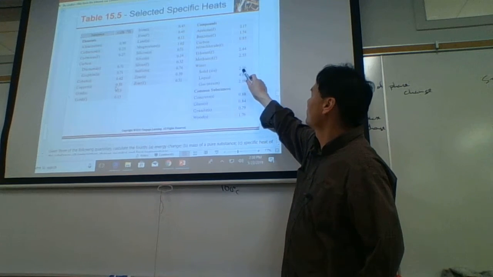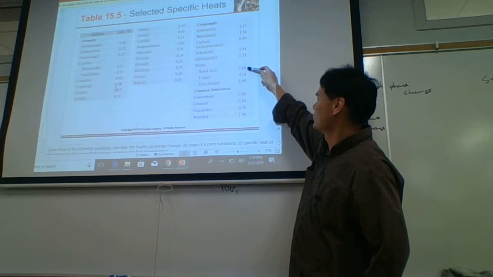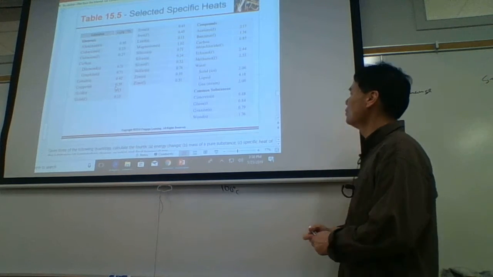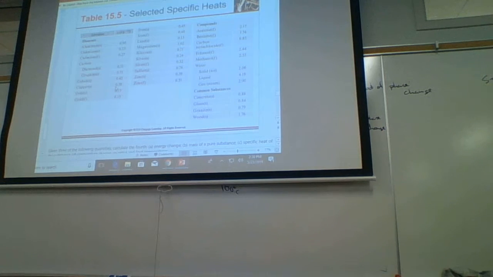Solid ice has a specific heat of 2.06. It's about half that of water here. Joules per gram degree C. So ice requires 2.06 joules of energy to heat 1 gram of ice by 1 degree C. And so the grams cancel out. Now I've got to cancel out the degree C. I'm going to cancel out the degree C by doing the delta T.